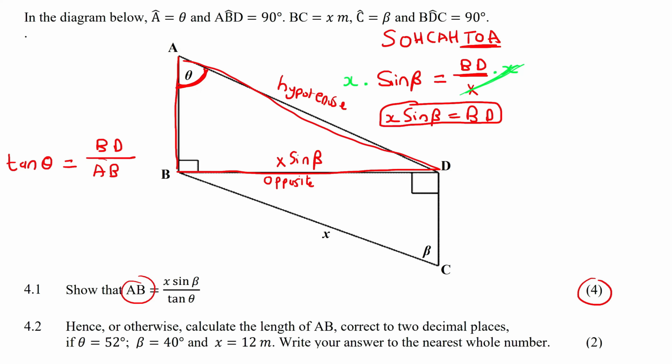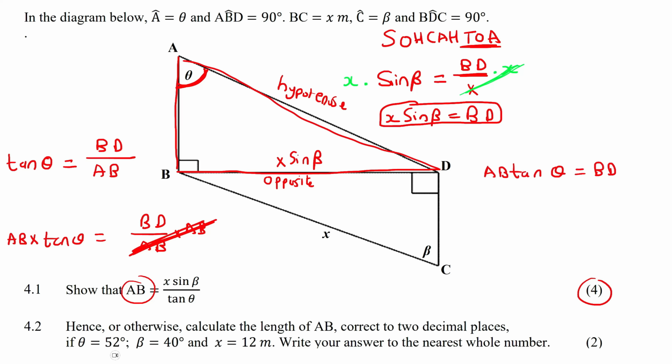So you need to somehow try and get this by itself. Let me just write this a little bit better over here. You need to somehow take this to that side. So all you do is multiply this side by AB, and what you do to the one side, you have to do to the other side. Because look here, these two can now cancel each other out. And so now we are left with BD equals AB tan theta.